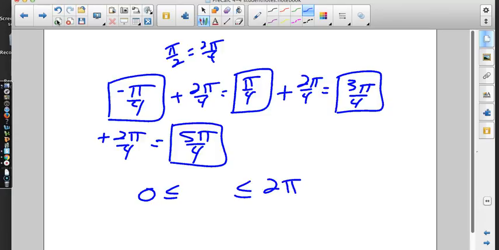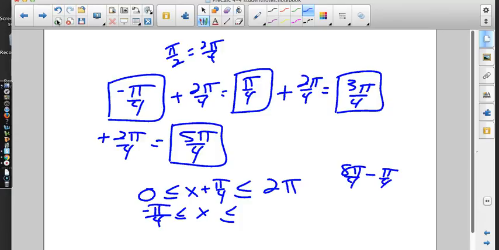And remember that this time, this one had x plus π/4. And that tells us we're going to have to subtract π/4 from all 3 positions. So you need to think of 2 as 8π/4 minus that π/4.